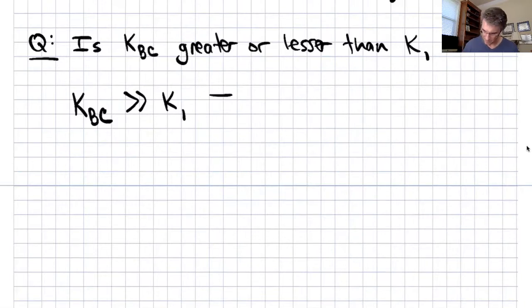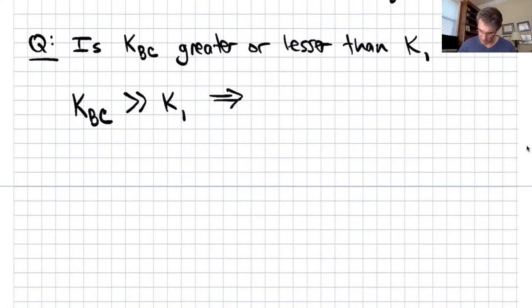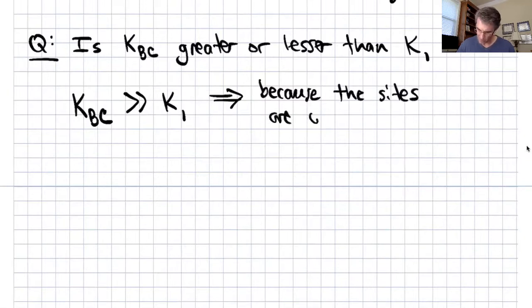The reason is that KBC is so much greater than K1 is a direct consequence of the fact that the sites are covalently linked to each other.